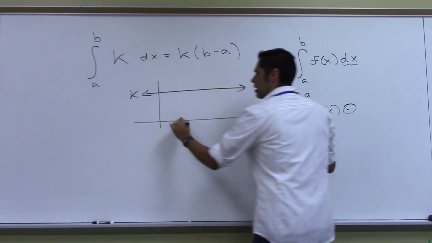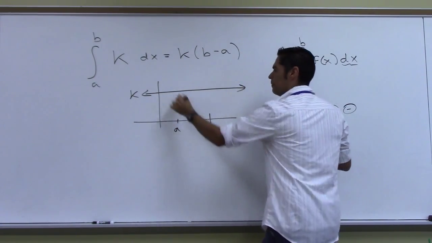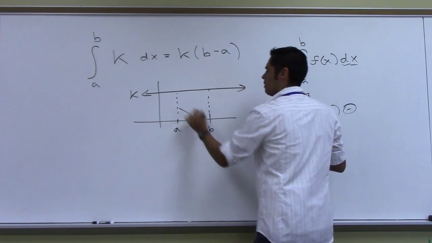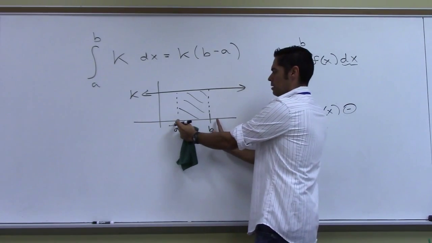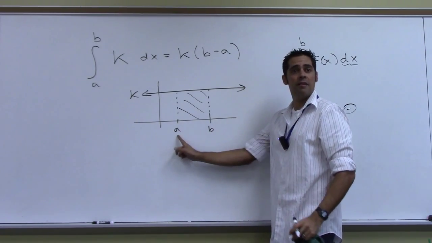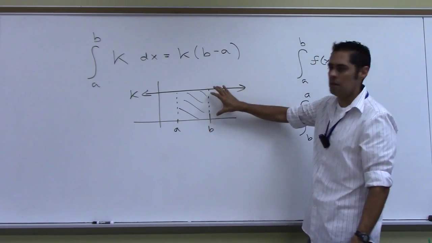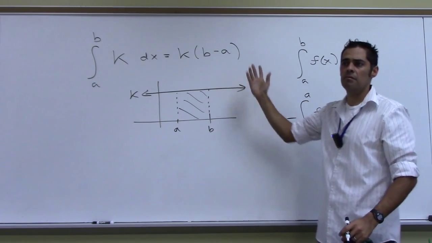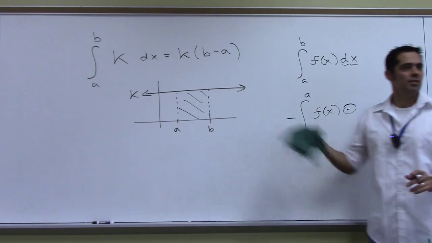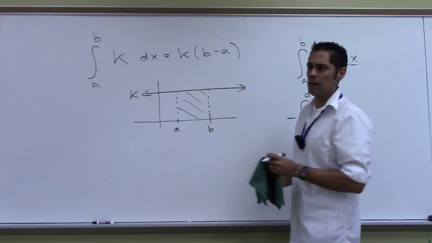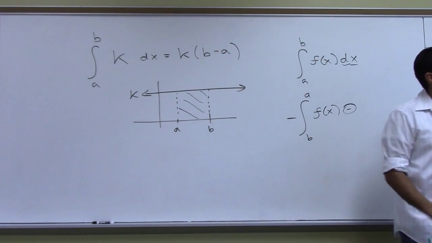And I want to know the area between a and b. Well, how wide is it? It's b minus a, right? That's how wide it is. How tall is it? K, so k times b minus a. Now, we're not going to integrate constant functions very often, but just FYI, all right? So you realize where that comes from.